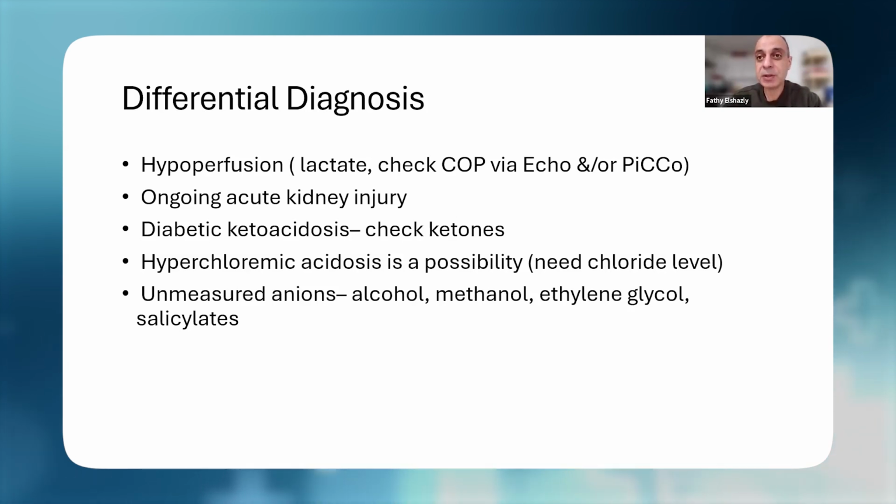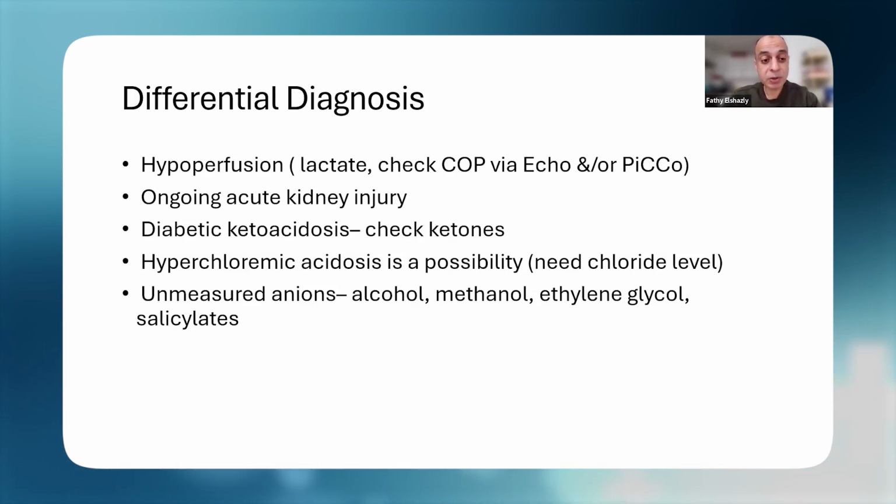Some people still depend on venous saturation, although it is out of date and not recommended anymore. But you have to check for perfusion, and of course clinically whether the patient is hypoperfused or not. There might be an ongoing acute kidney injury and the filtration is not correcting it, so you have to change your filtration settings in order to tackle that.